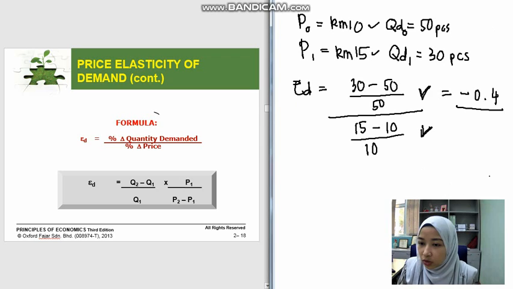So you get 0.5 for the change in price, and then you divide 0.4 by 0.5, you get negative 0.8.